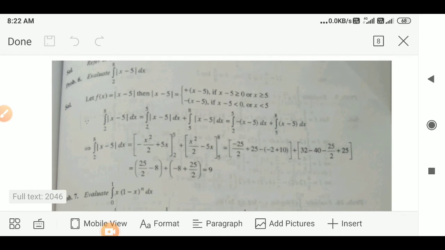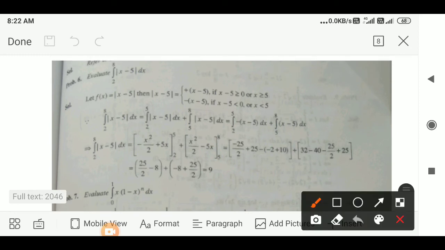One is the positive x minus 5, if x minus 5 is positive, that is if x is greater than or equal to 5, and it is negative x minus 5 if x minus 5 is less than 0, that is x is less than 5.